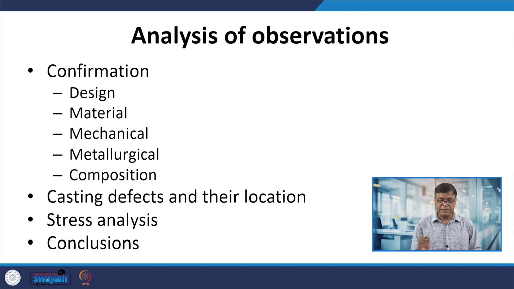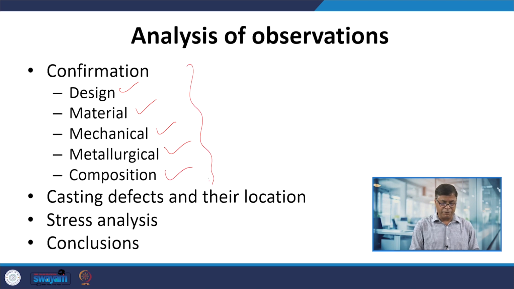So, here is the analysis of observations. The study was conducted and in this study we tried to confirm whether the component design is as per the recommendation, whether the material is as per the recommendation, and whether the mechanical properties are as per the expected ones or not, and how about the metallurgical characteristics like microstructure and composition.